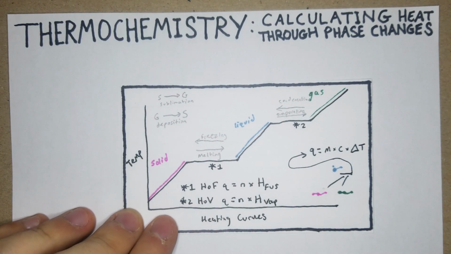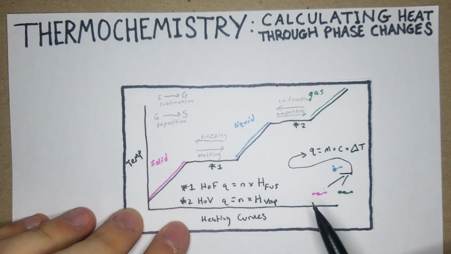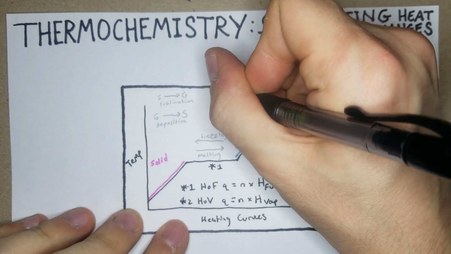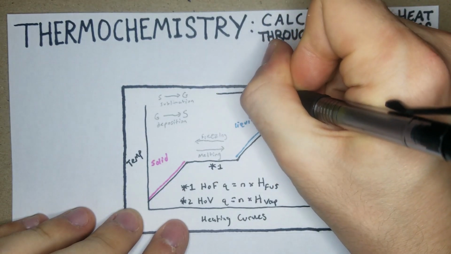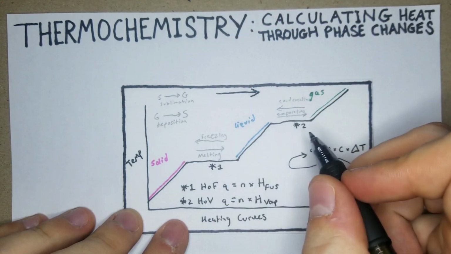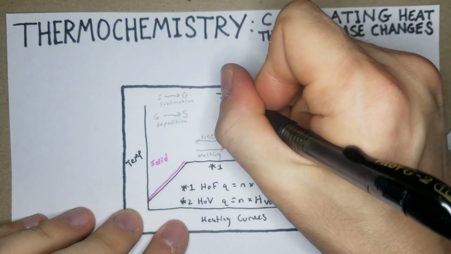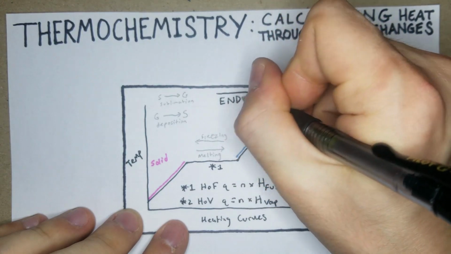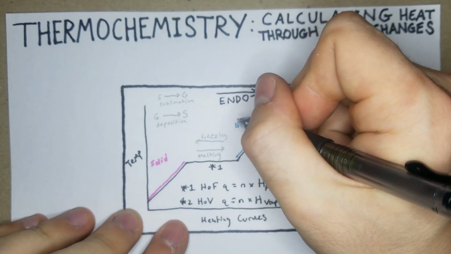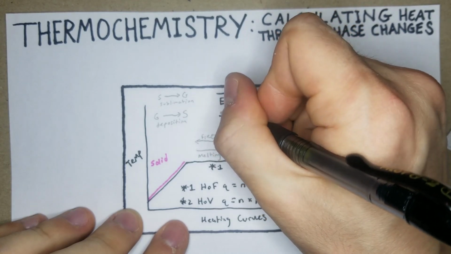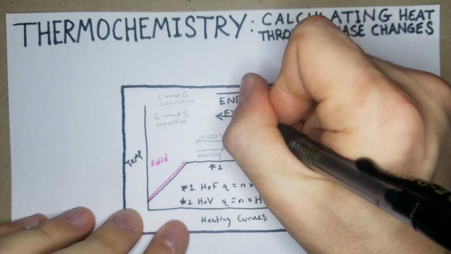And then the last thing that I think is really worthwhile to know is this basic trend. If it's moving this way, it's going to be endothermic. If it's moving this way, it's going to be exothermic.